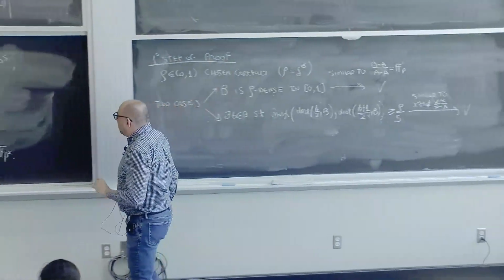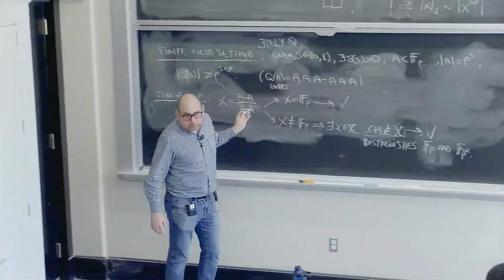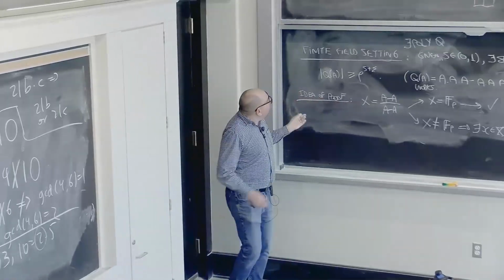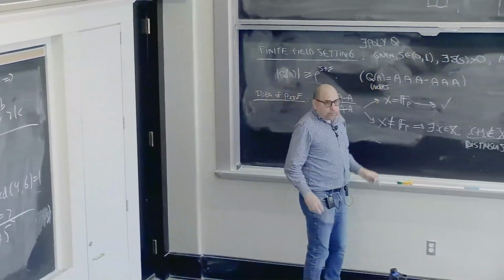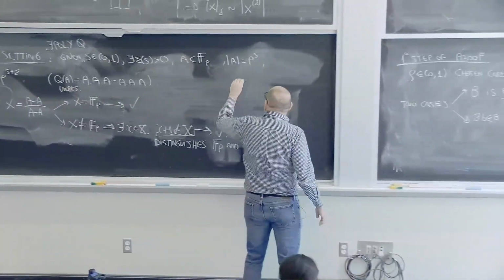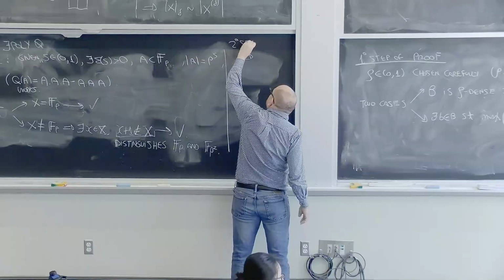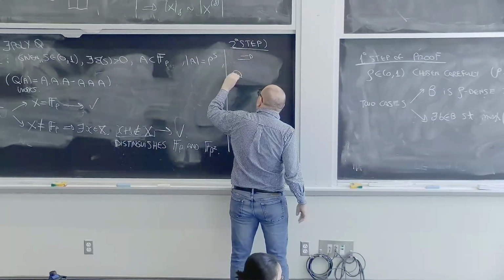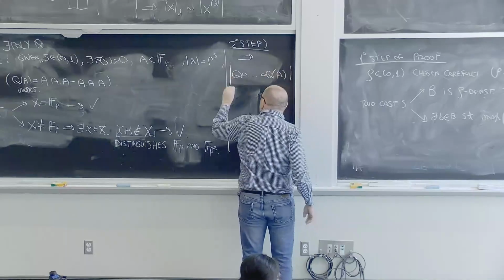This was the first step in the finite field setting. What is the second step in the finite field setting? Iterating the first step. And you just iterate. Nobody is preventing you from iterating. So you get that Q of A grows, so you can do Q of A. Maybe let's call it the second step. You look at Q of Q of Q of Q of A, and this is very large.